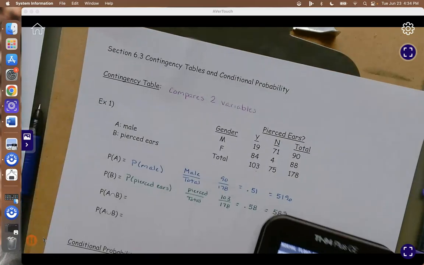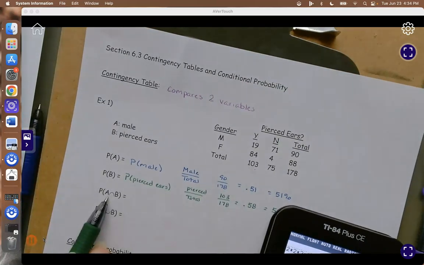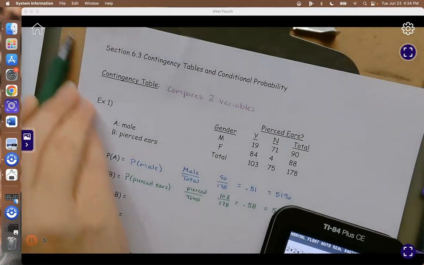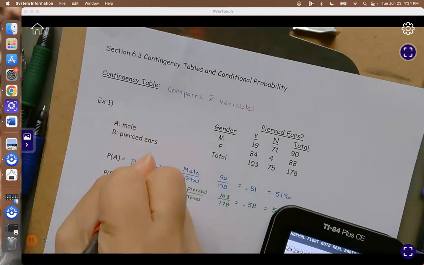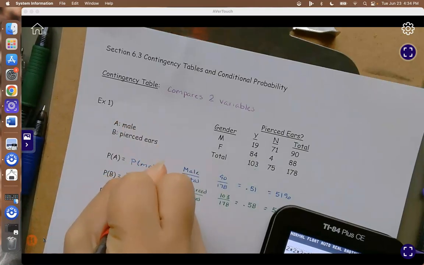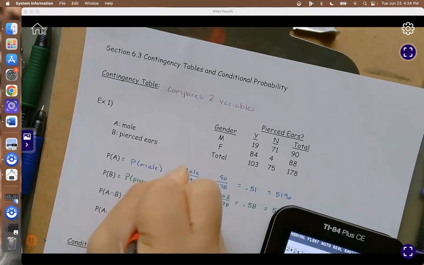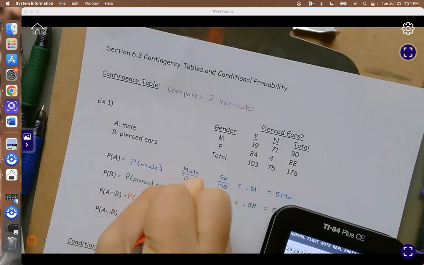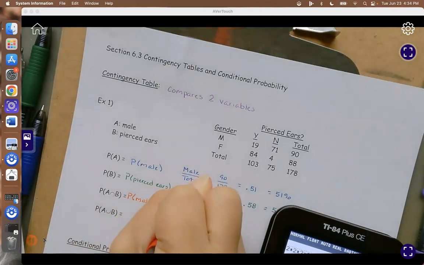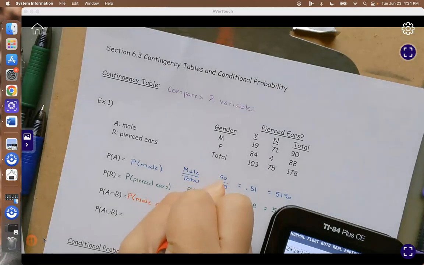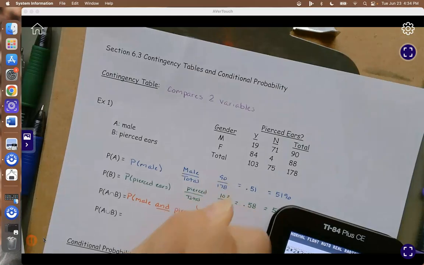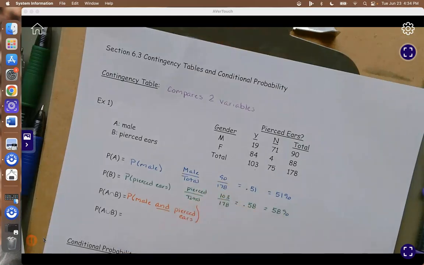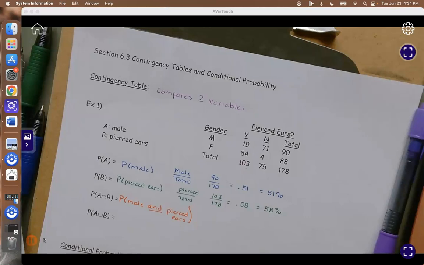All right. Now, remember this means and. Okay, so this one, the probability that they are male and pierced ears. Okay, so we need the male pierced ears.